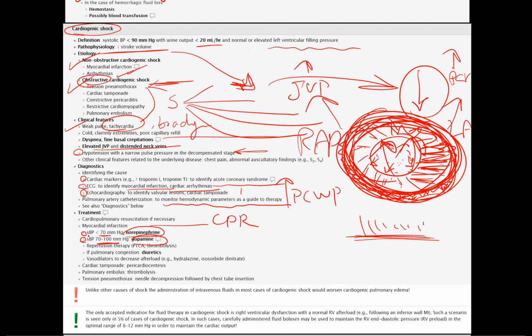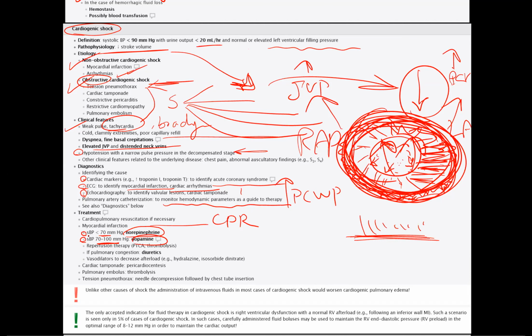Systolic blood pressure less than 70 millimeters mercury, we will use norepinephrine. Systolic blood pressure from 70 to 100 millimeters mercury, we will use dopamine. Okay, we can do reperfusion therapy like PTCA and thrombolysis.